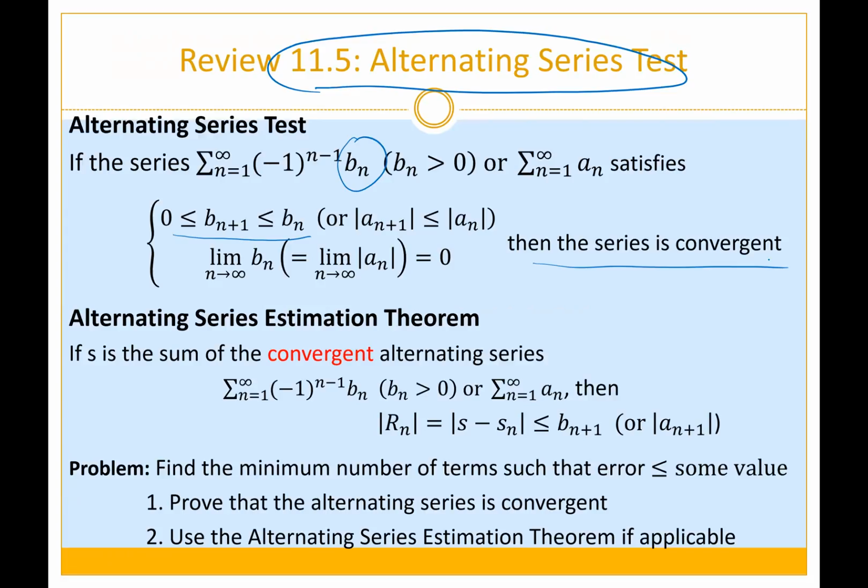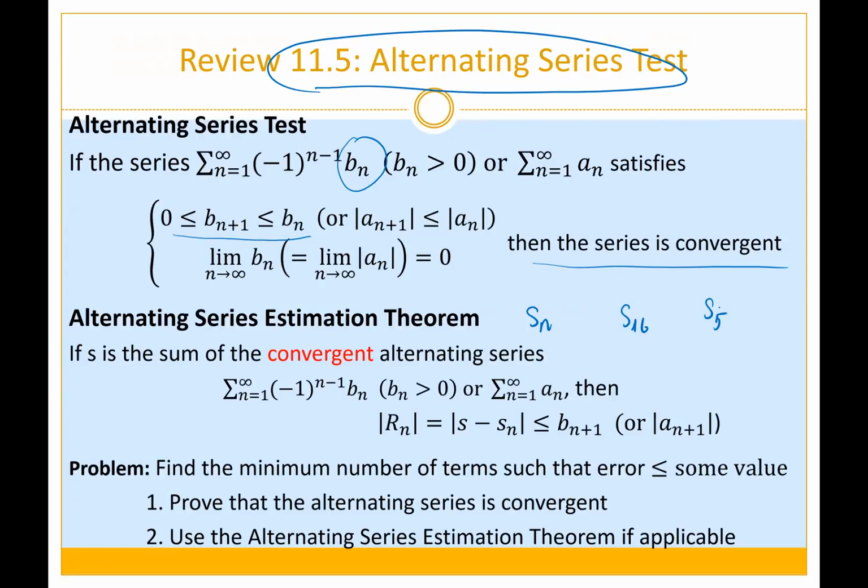In this section, we also have another one called the alternating series estimation theorem. This theorem allows us to estimate the error of the nth partial sum. Say we want to quantify S, but we approximate it by finding maybe S16 or S5.